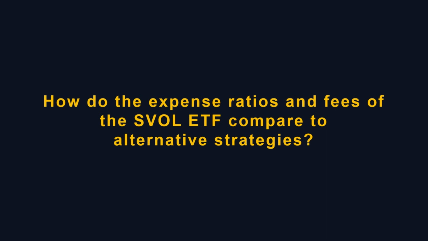These expense ratios can vary depending on the specific ETF and its underlying strategy. Potential additional fees: some inverse volatility ETFs might have additional fees, such as performance fees based on the fund's outperformance of a benchmark.